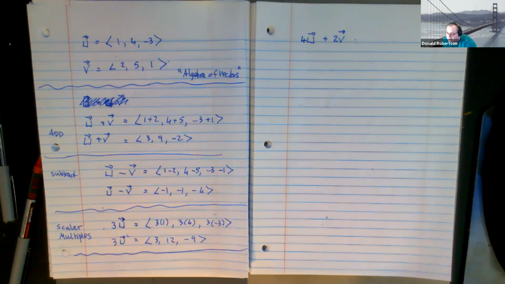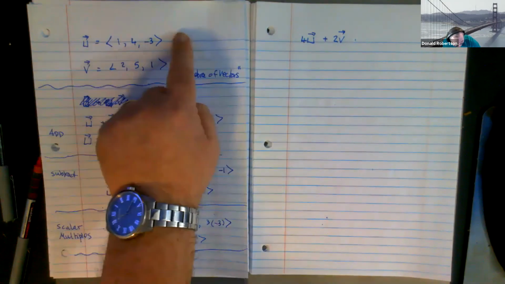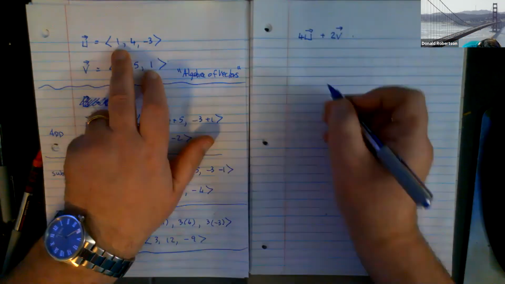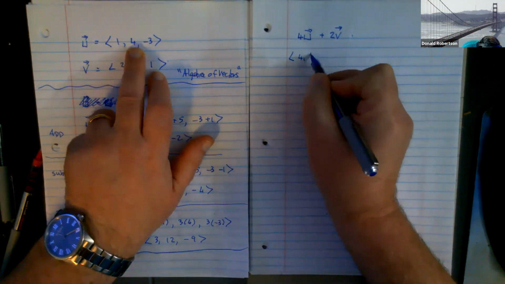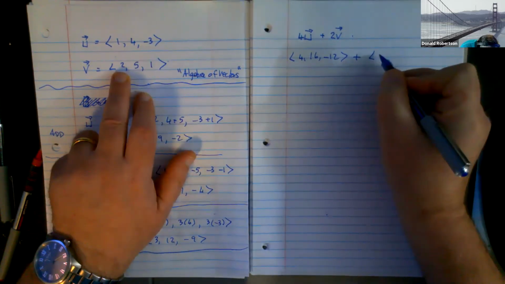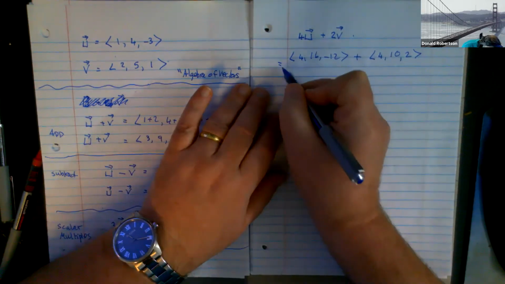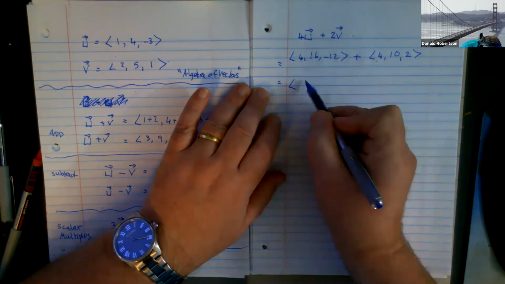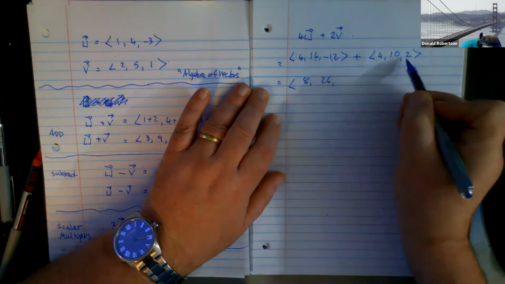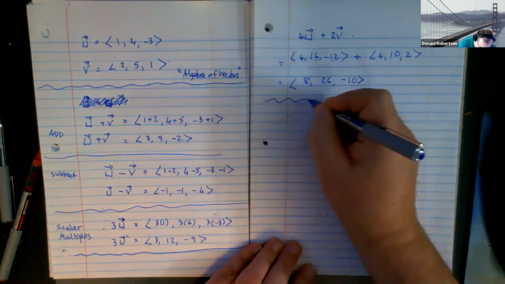So 4u plus 2v would be 4 of this vector added to 2 of that vector. 4 of this vector is 4, 16, -12, added to 2 of this vector, which is 4, 10, and 2. And when you add these vectors together, 4 add 4 gets you 8, 16 add 10 gets you 26, and -12 add 2 gets you -10.